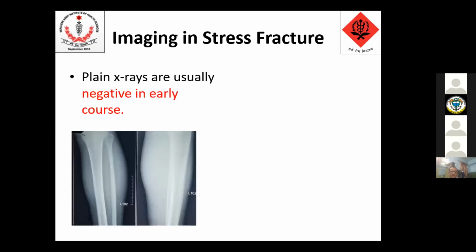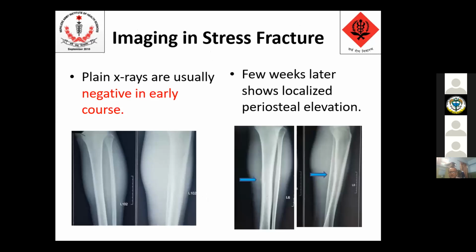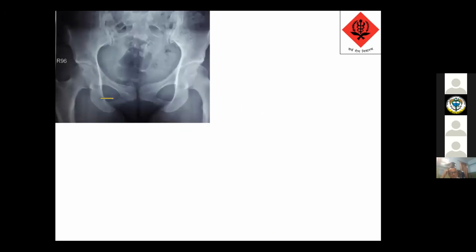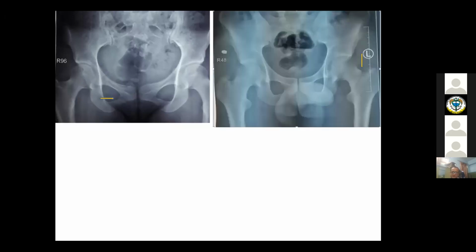Initially, the plain X-ray is usually negative in the early 2 to 3 weeks of the course, and becomes positive 2 to 3 weeks later, showing some localized periosteal elevation as shown in the picture. This is the plain X-ray pelvis of a 19-year-old female recruit who presented to our center, showing right inferior pubic rami stress fracture.